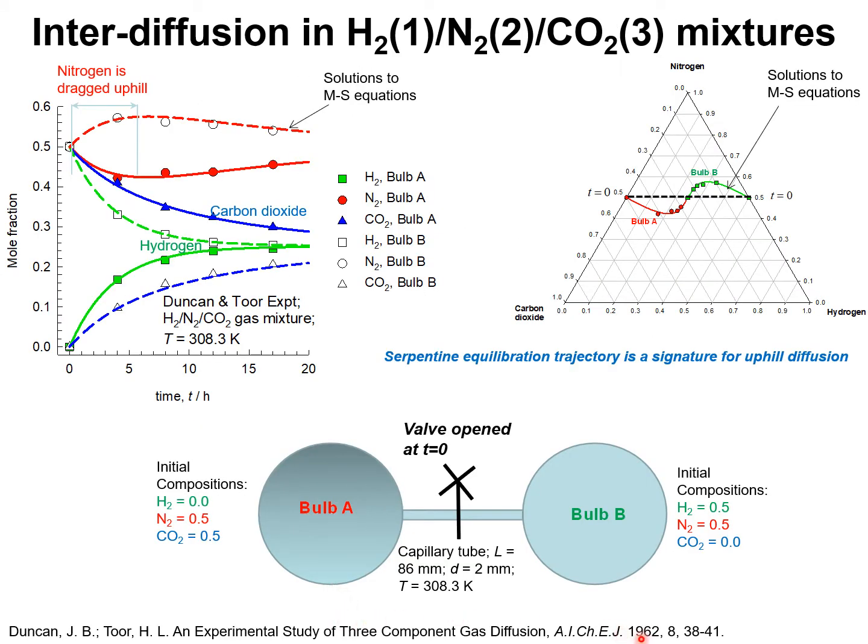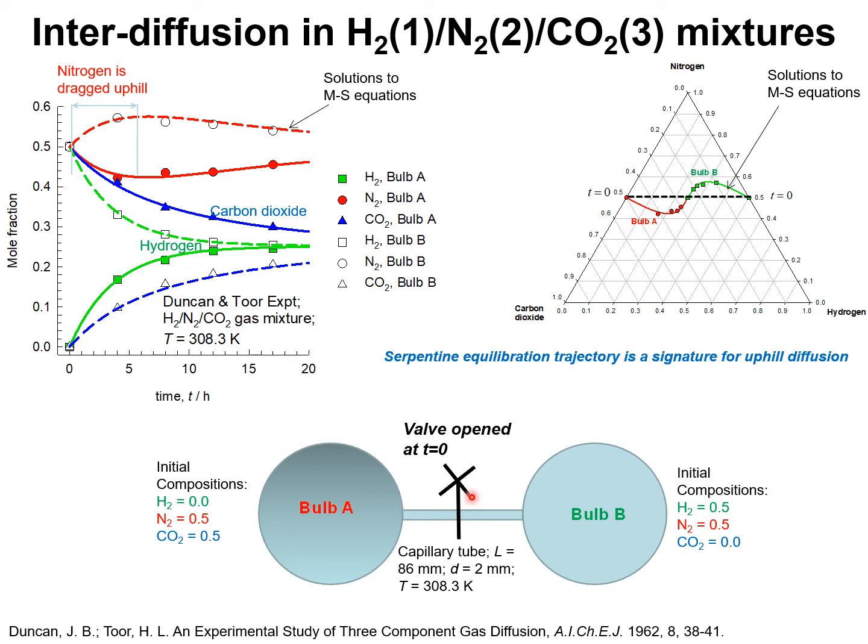Duncan and Toor in 1962 published a set of experiments in a two-bulb diffusion apparatus with the ternary mixture of hydrogen, nitrogen, and carbon dioxide. The initial composition of this mixture in bulb A is shown by this point here, and the initial composition in bulb B is shown by this point here in the ternary composition space.